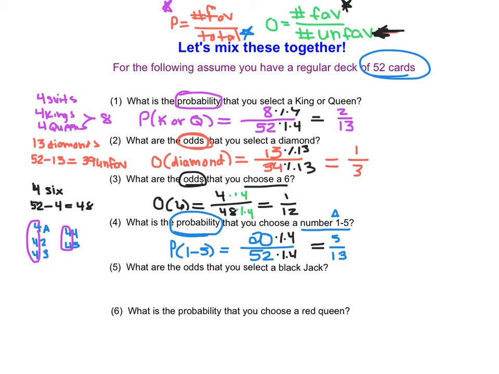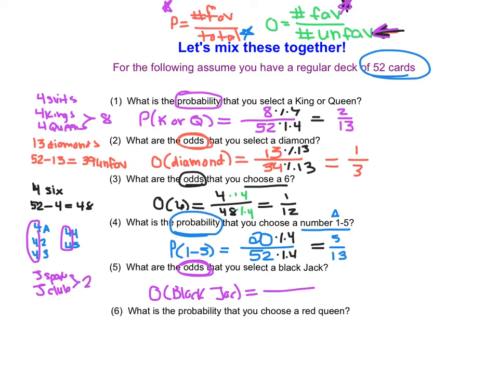Now if I look at the next one, what are the odds that you select a black jack? So odds that I select a black jack. Remember that my fraction consists of favorable outcomes over unfavorable outcomes. We can see that by looking up here. So if I think about black jacks, I know that I'm going to have a jack of spades that is black and a jack of clubs that is black.